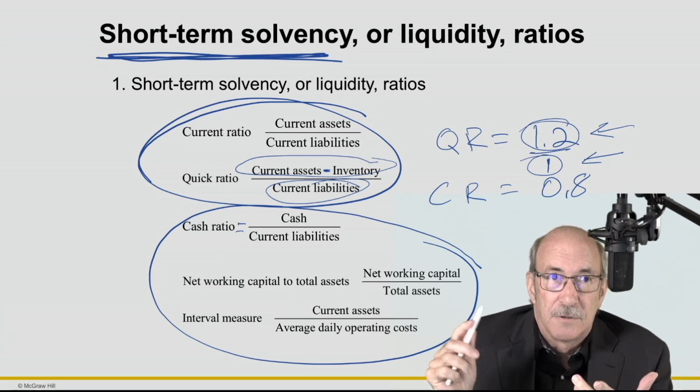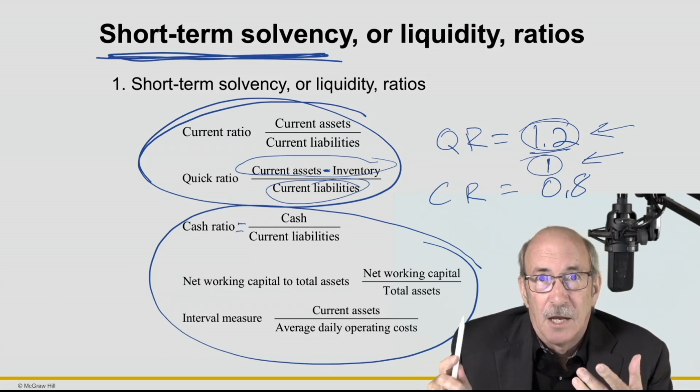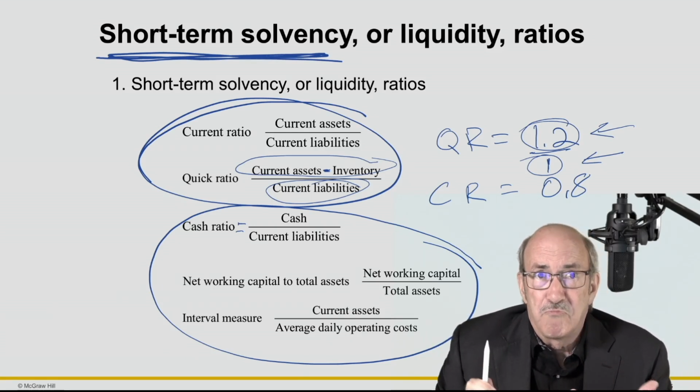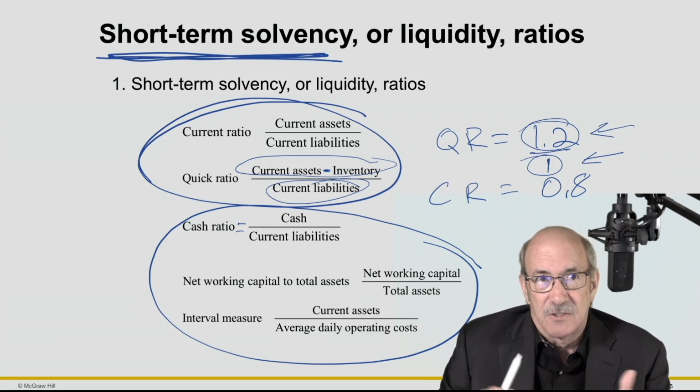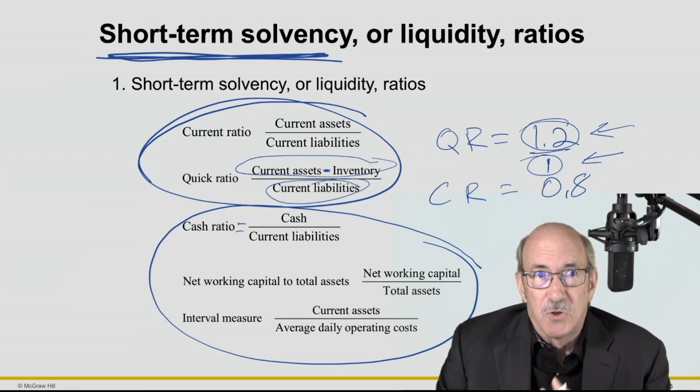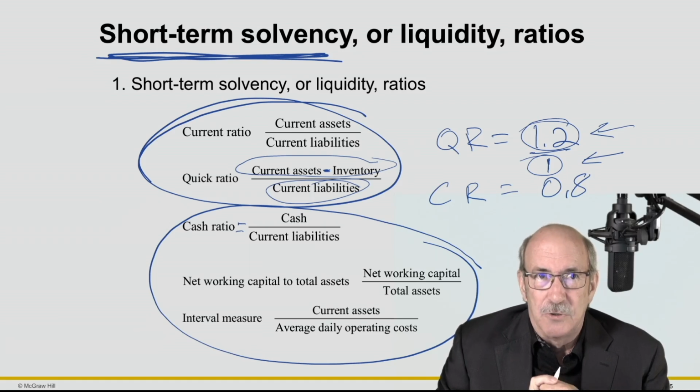And these are typically cash and accounts receivable, right? Cash is cash, and with accounts receivable we might have some bad debts. It might take a while to collect some of it. But generally speaking, we can convert most of that accounts receivable into cash pretty quickly. So that means we're in pretty decent shape in terms of being able to pay off our current liabilities if we wanted to.